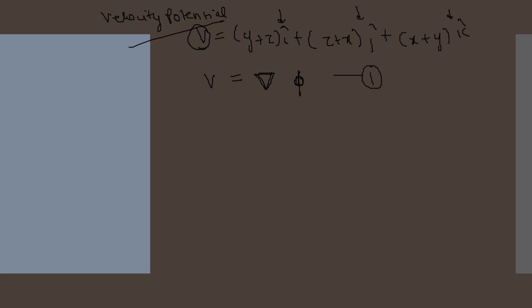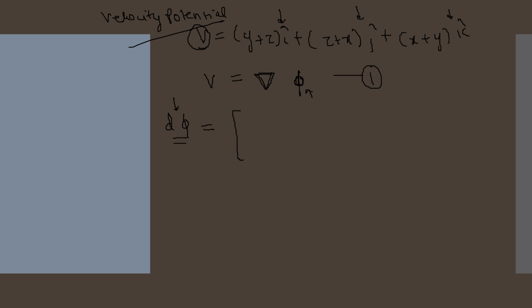So this is the first point, that your function will be the gradient and that angle, the product of these two. Now firstly, in order to get phi, let's see how we can solve d phi. d phi is basically the differentiation of potential. Do you know total differentiation?